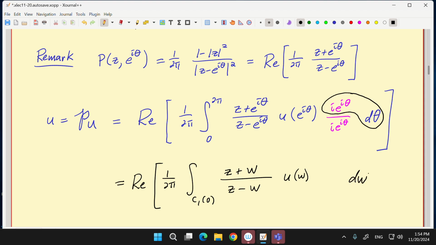Then I've got that 1 over i e to the i theta. That's 1 over iw. Anyway, when I write that all out, it looks like the Cauchy integral formula. I would split it into two. First I have a z in the numerator, which I can pull out in front of the integral. So I'd get an integral that looks like a Cauchy integral of something.